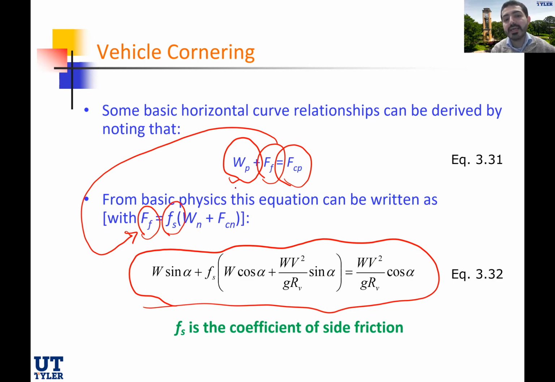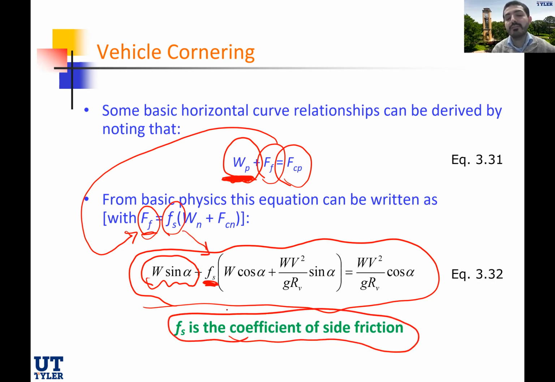So if we replace that, WP, the weight of the vehicle in the parallel direction, is W sine alpha, plus FF, which we now replace by Fs times WN plus FCN. Fs is the coefficient of side friction, which is always constant and is going to be given to you, times W cosine alpha.